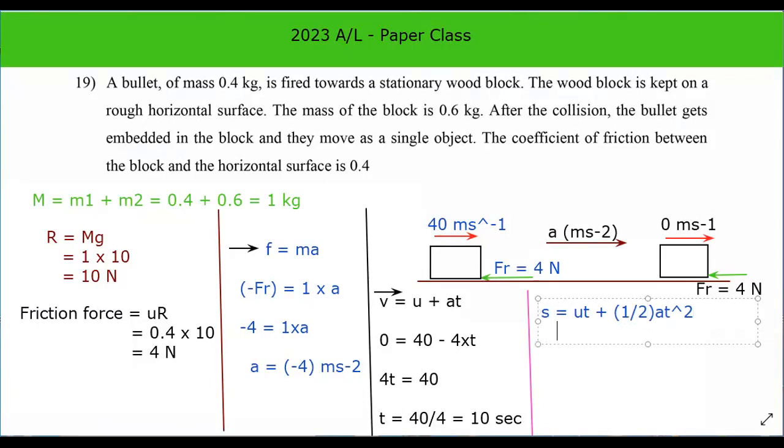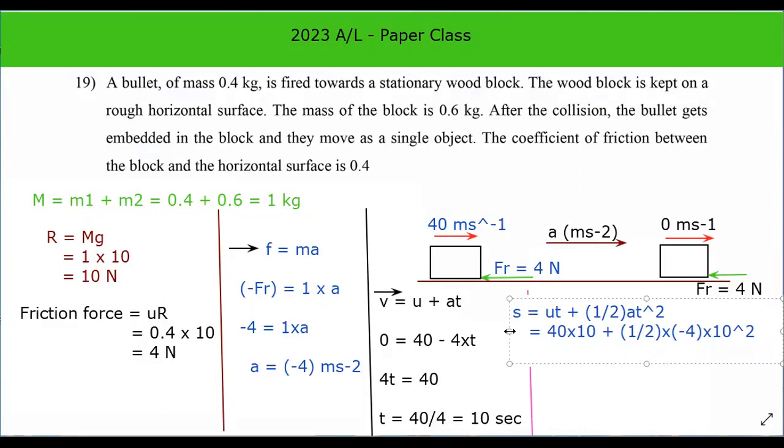So here u is 40, time taken is 10, plus half, acceleration is minus 4, into time taken 10 squared, because it is S equals ut plus half at square.